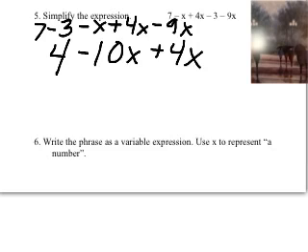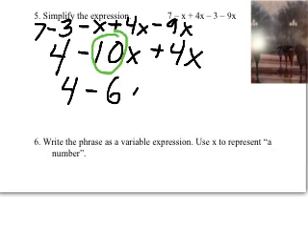So we have 4, which we can't combine with either of those x's, but we have the negative 10x and we have the positive 4x. Adding those together, we subtract them, and we get 6. And the larger number is the 10. The absolute value of this is 10. So we'll keep the negative sign. So it's 4 minus 6x.